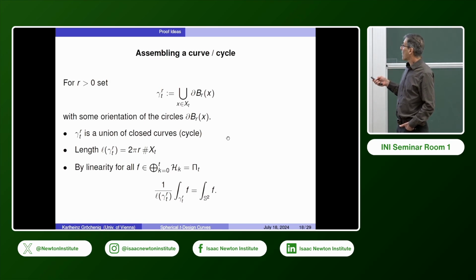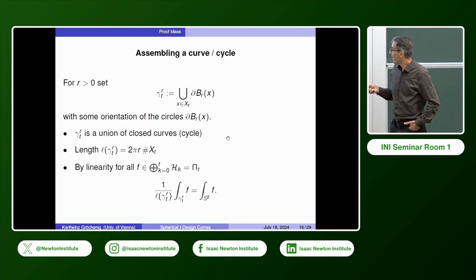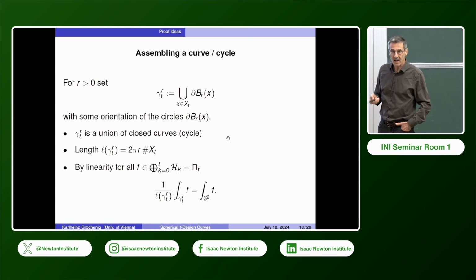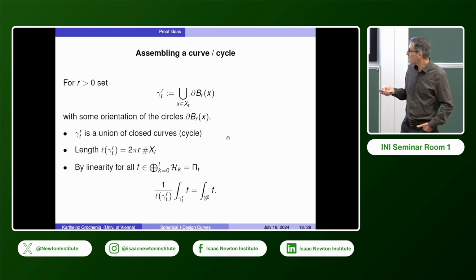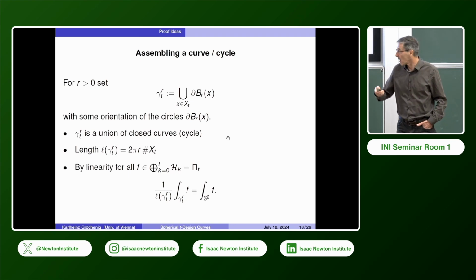We define a cycle, so that's the union of these circles. We can choose an arbitrary orientation on the circle, doesn't matter. Now, this gamma r sub t is a union of closed curves, is a cycle.